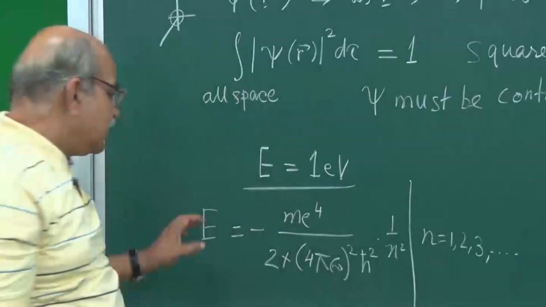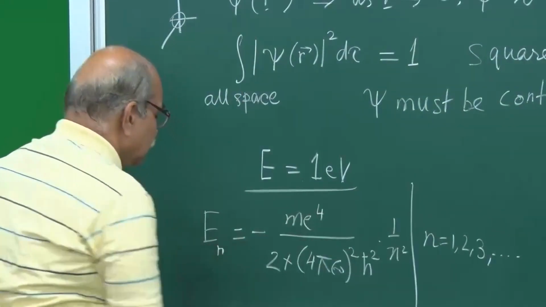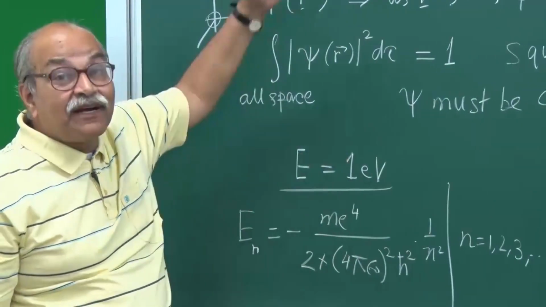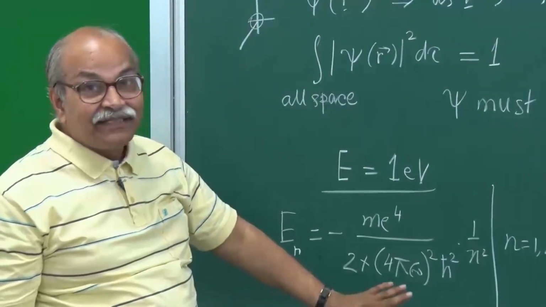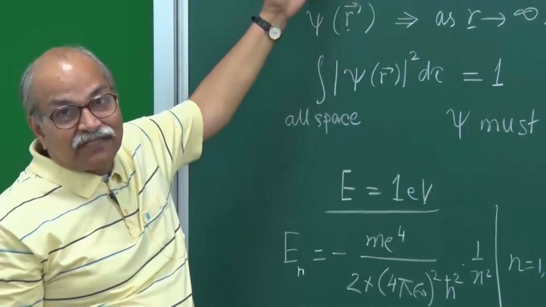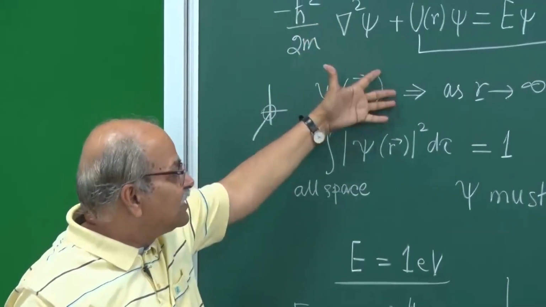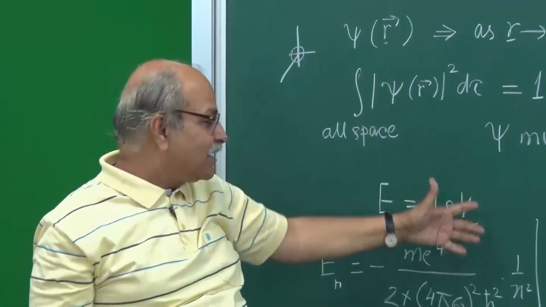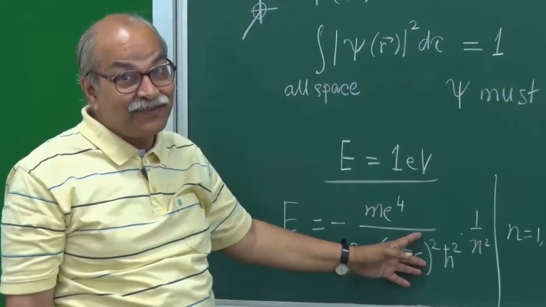Only for these values of energy, you can write it E_n, there are some functional forms psi, and if you put anything else, then you do not have functional forms psi which satisfy the equation as well as these conditions on psi. So these are the allowed energy states according to the Schrödinger equation.